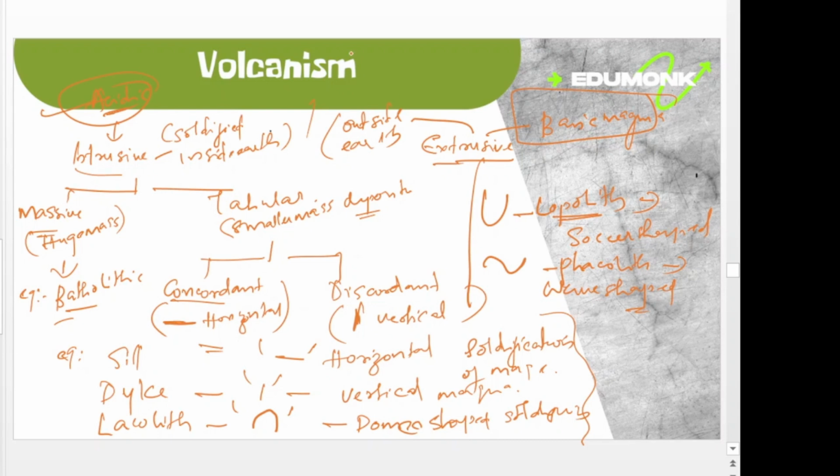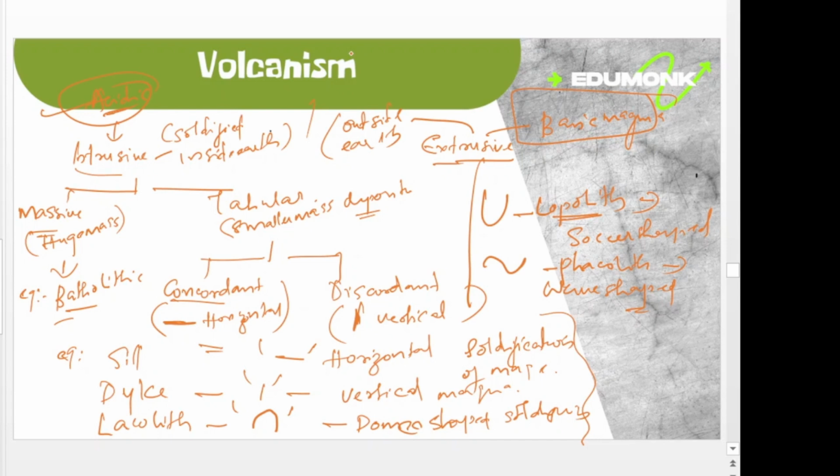That means on the basis of location of magma eruption, the volcanoes can be classified into two, intrusive volcanoes and extrusive volcanoes. Intrusive can be classified again into two, massive volcanoes and tabular volcanoes. Massive means a huge mass, for example batholith. Then tabular, or smaller magma deposition, can be again classified into concordant and discordant.